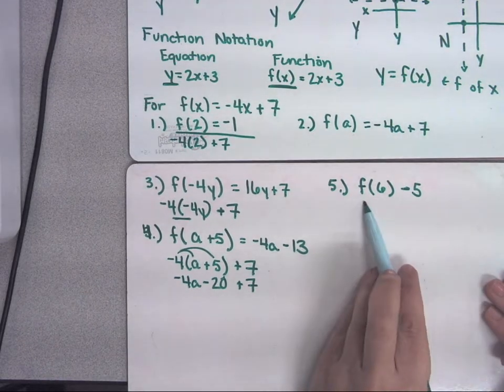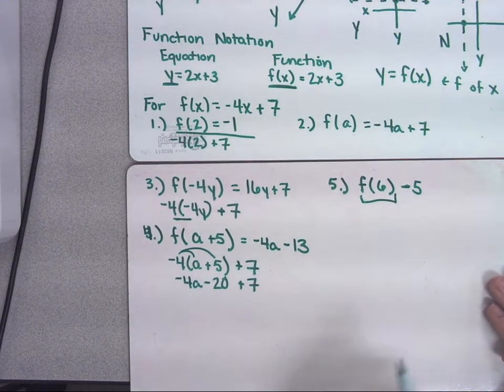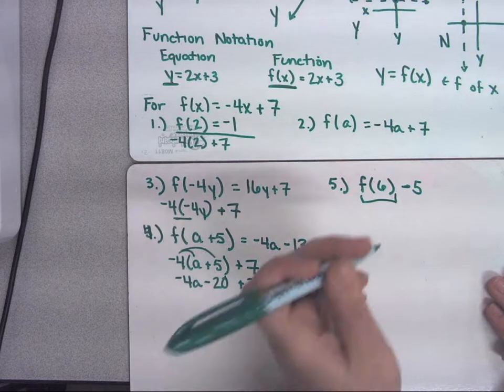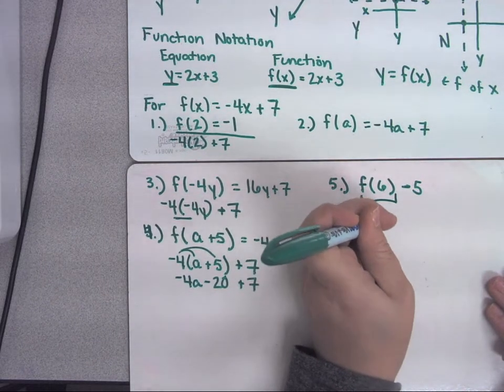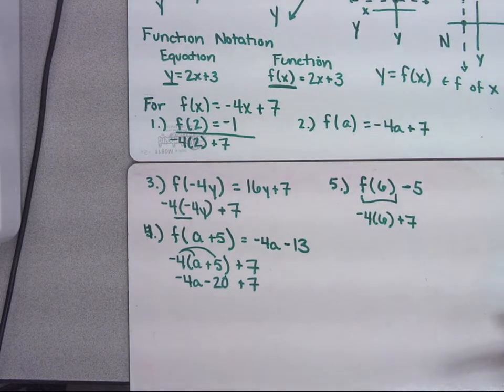Let's take 6 and plug it into that equation. So negative 4, plug 6 in, plus 7. Negative 4 times 6 plus 7. What's that answer? Negative 17.